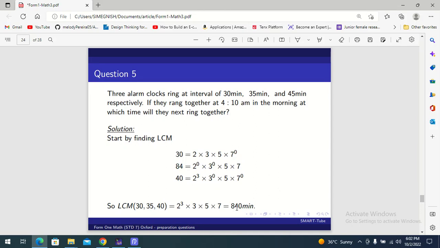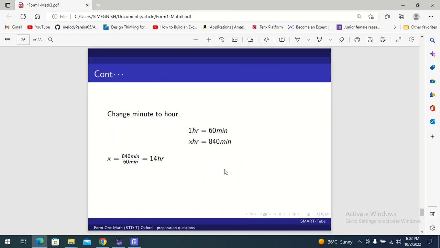So the LCM is 840 minutes. Again, the time here is given in hours, so we need to change this minute to hour form. 1 hour is 60 minutes, so 840 minutes would be x hours.